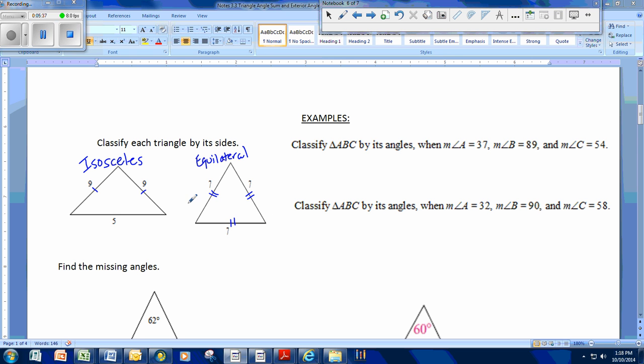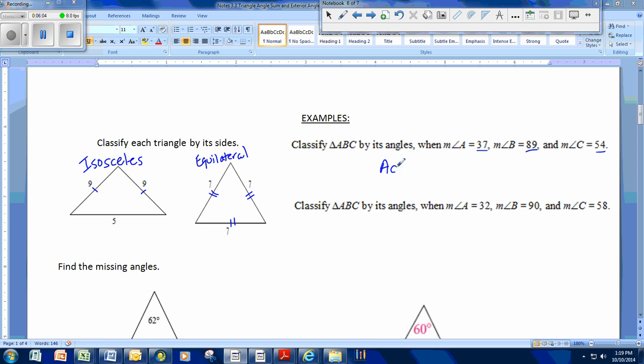Okay? So those are a couple of examples utilizing what we learned earlier. Now let's classify triangles by their angles. So in this case, we're asked to classify triangle ABC by its angles. So it gives us the three measurements of the angles inside of the triangle. Now I notice that none of these angles are greater than 90, and none of them are exactly 90.